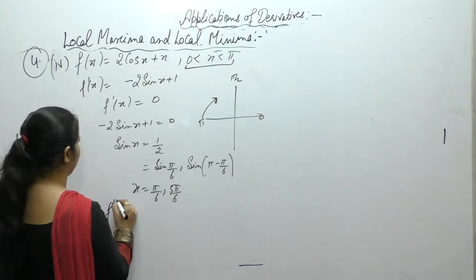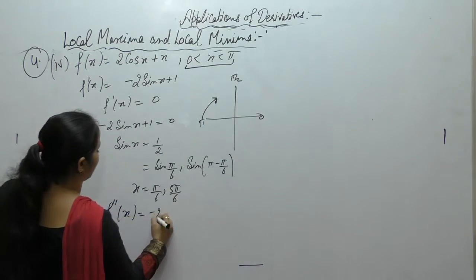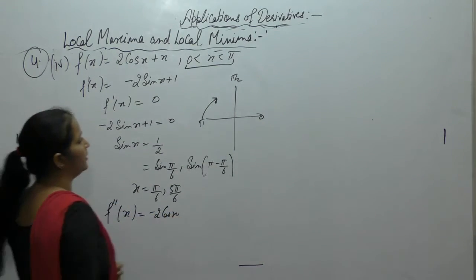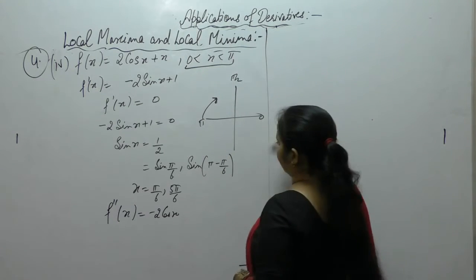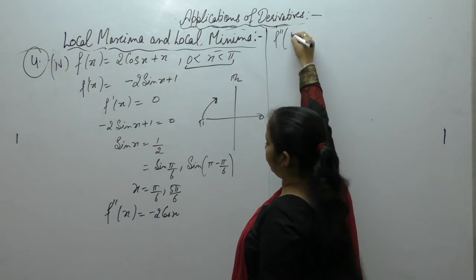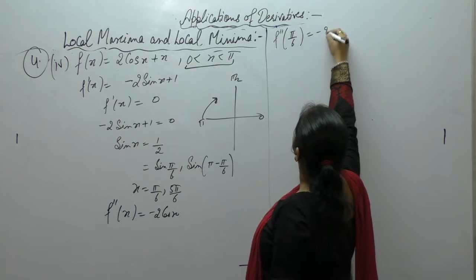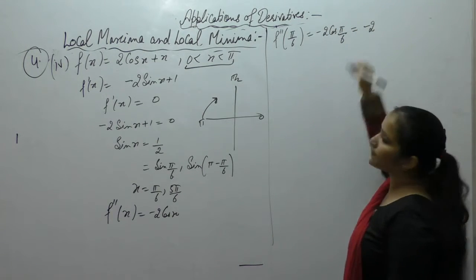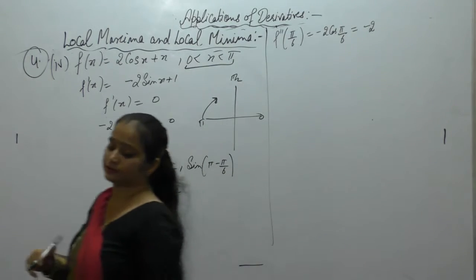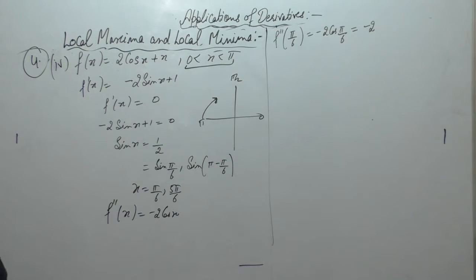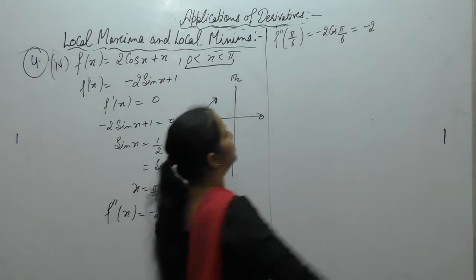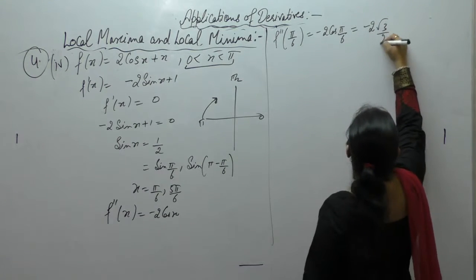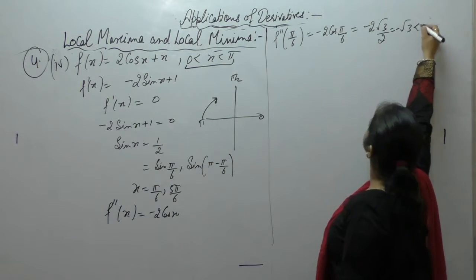Now second derivative. Derivative of sin is cos, derivative of 1 is 0. Now check second derivative for the points. Pi by 6: minus 2 cos pi by 6. Cos pi by 6 has value root 3 by 2. So we get minus root 3, less than 0.